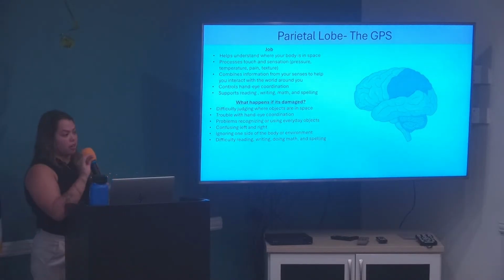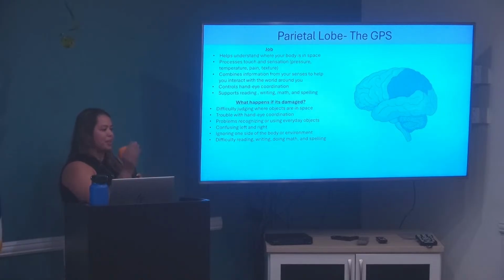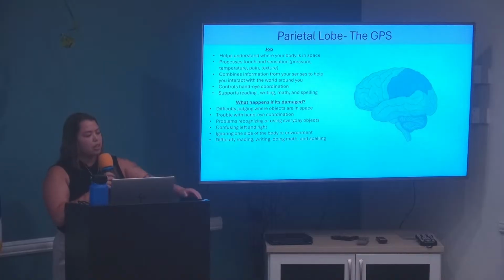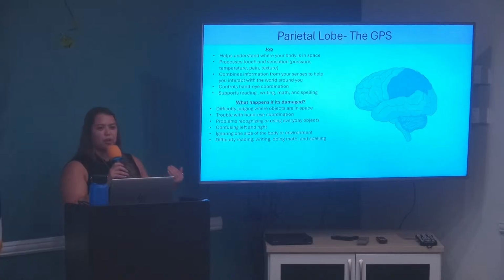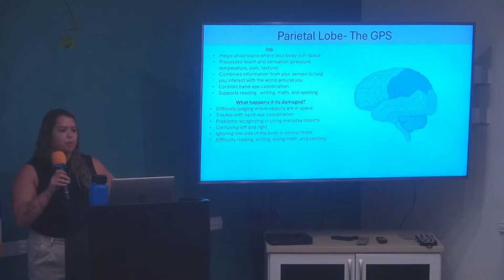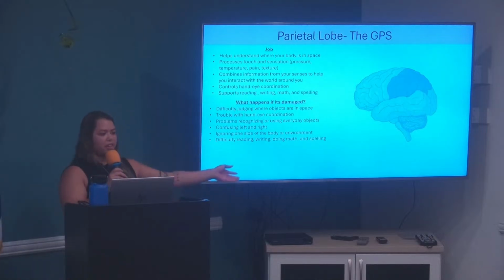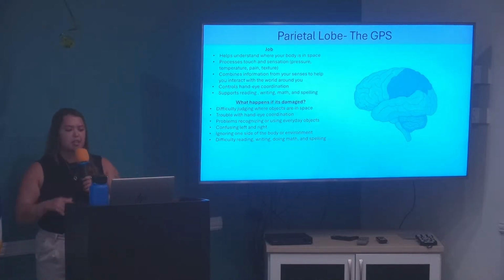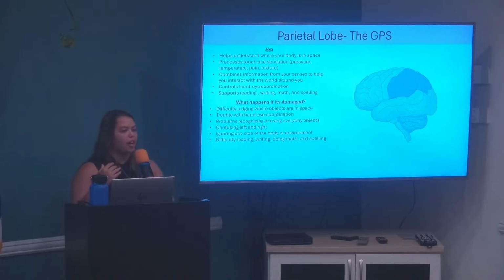That means you can't really feel well because you got burned, but sometimes if there's damage in the brain, you can still have that phenomenon happen because of damage to that network. And then, of course, difficulty reading, writing. You also kind of tend to ignore one side of your body. So maybe you're really good navigating your right side, but not your left side, and you start smacking your hand into things, trying to reach for things. This all can be part of parietal lobe degeneration.